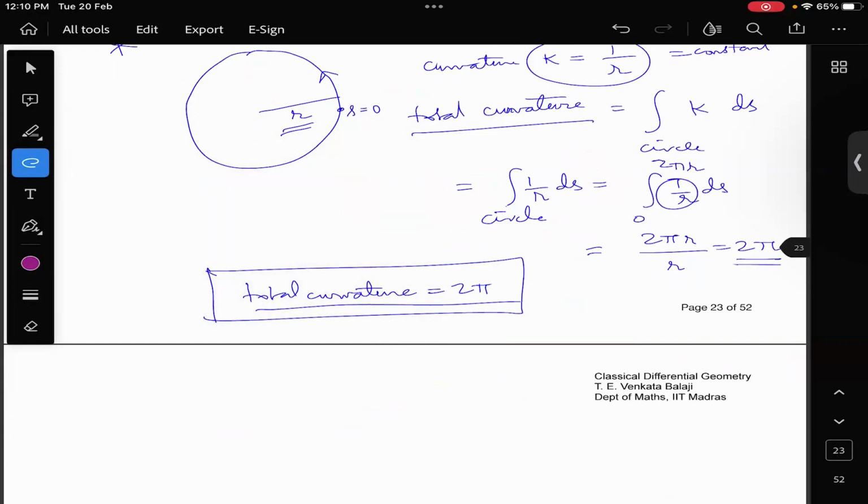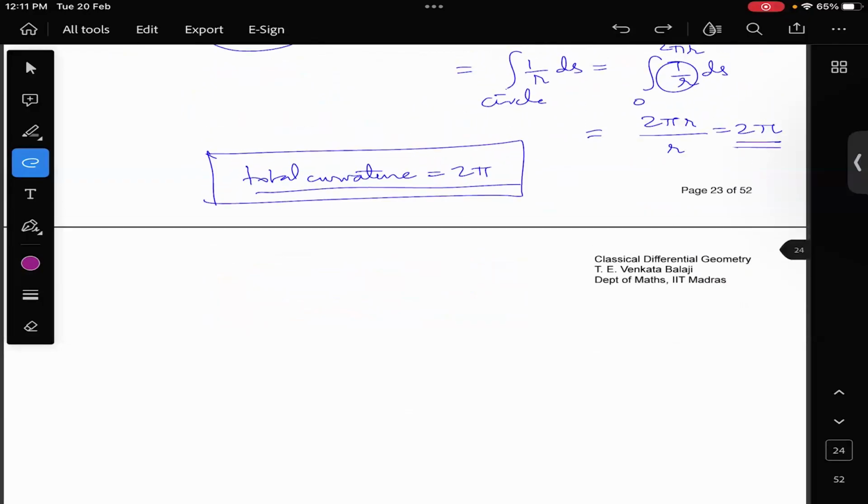See what is happening. If I have a curve going like this, suppose this is your gamma t, and I take a point like this, the tangent vector is like this, and the sine normal is going to be like this, because I have to turn 90 degrees in the anticlockwise sense.